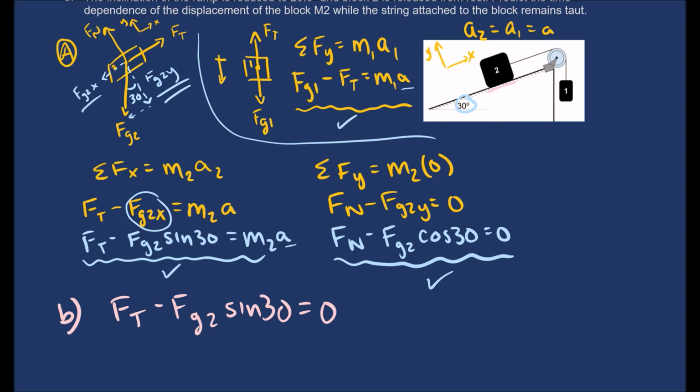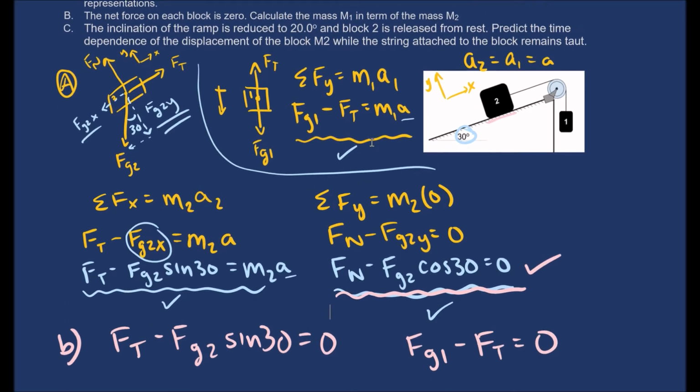We have Fg1 minus Ft equals 0, and we already had this equation written down where it equals 0. Okay, so looking at those 3 equations, in the question it gives us, we want the mass M1 in terms of M2.